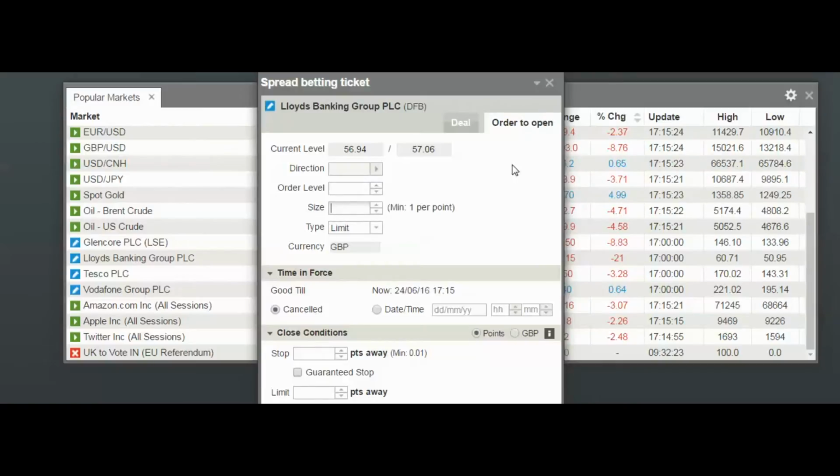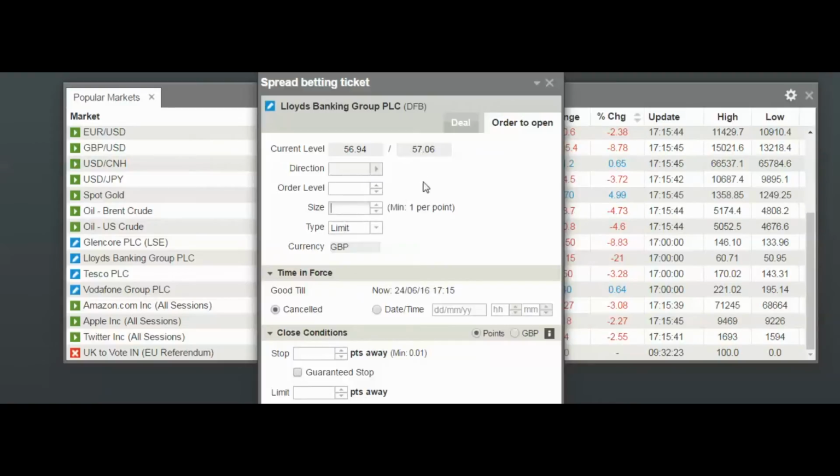And the reason for that is that the share price of Lloyds Bank at the moment, if you were to buy them, you would be paying 57 pence. Okay, so just 57 pence.